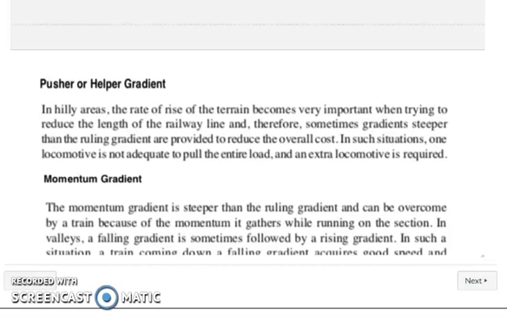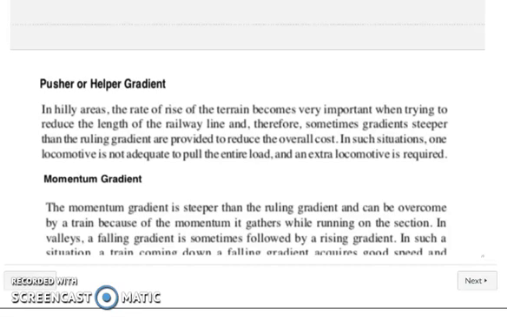If you are trying to construct a railway track on a hilly portion, it sometimes needs a gradient which is steeper than the ruling gradient. That gradient that is much steeper compared to the ruling gradient is what we call the pusher or helper gradient. It is provided to reduce the overall cost.